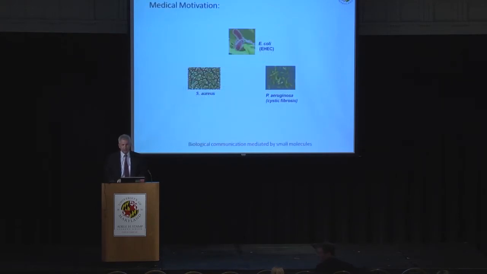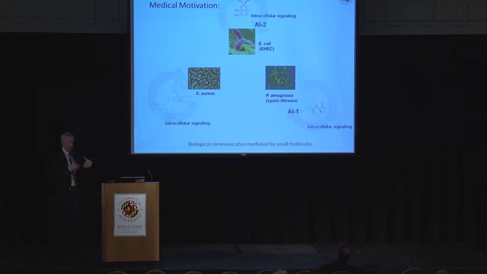So there's a medical motivation for bacterial quorum sensing, which is elucidated here on the screen. These are some pathogens that most everyone's heard about. And if you're not familiar with quorum sensing, the bacteria talk to each other, if you will. They secrete small molecules that are then perceived by those cells as they grow in cell density.